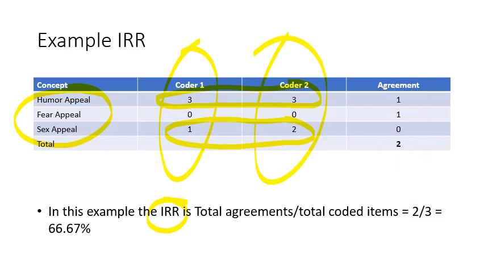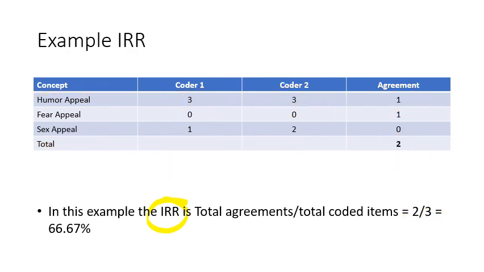Let me erase things here so that you can see. So the total number of things we've coded at this point is essentially 3, right? These 3. So 2 divided by 3. That 3 is the total number of items that we have coded.